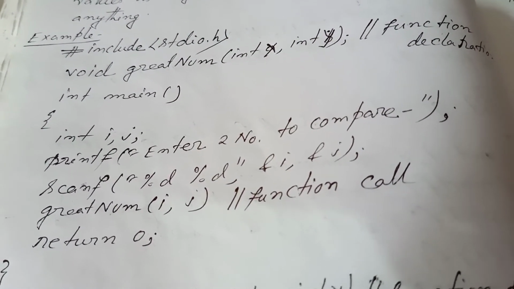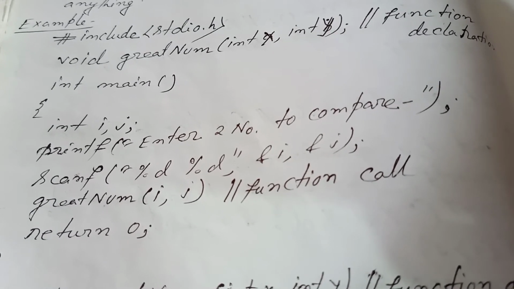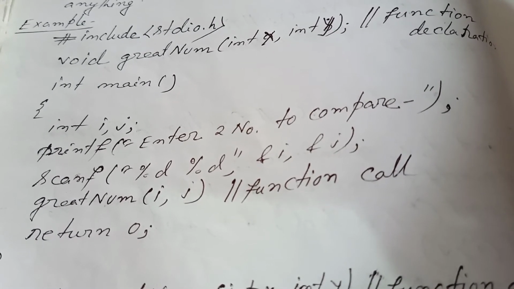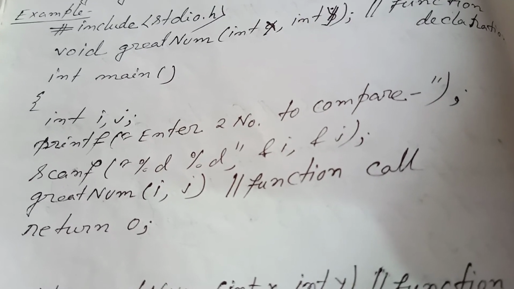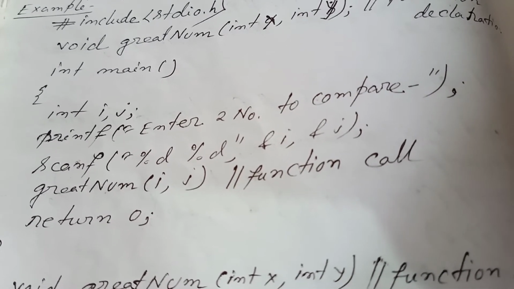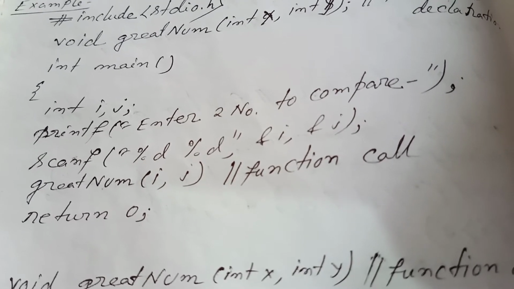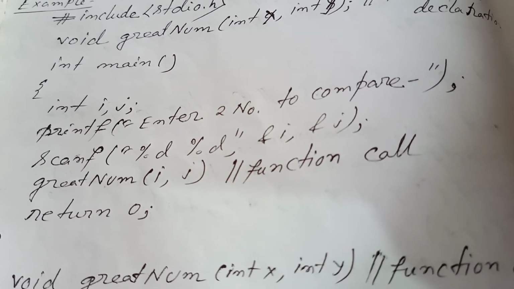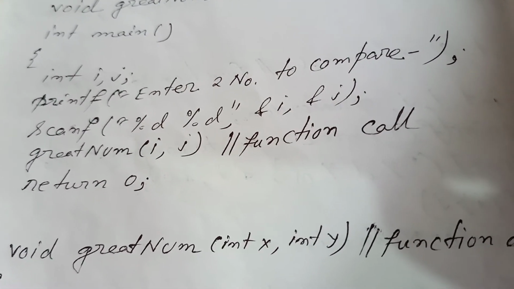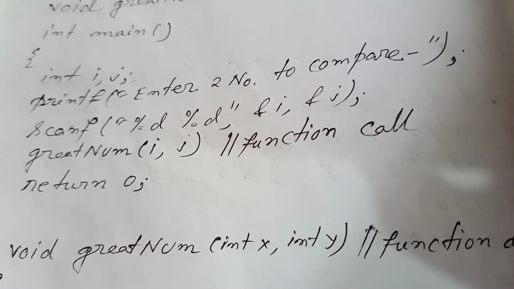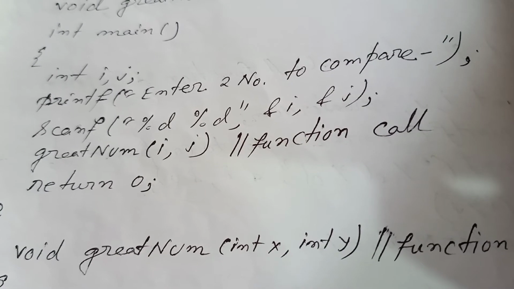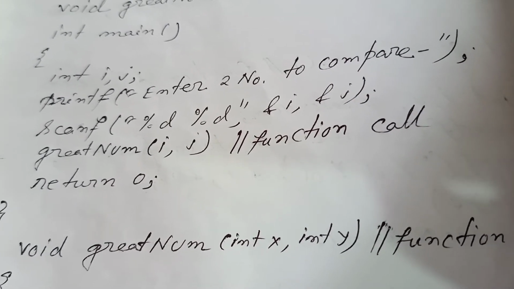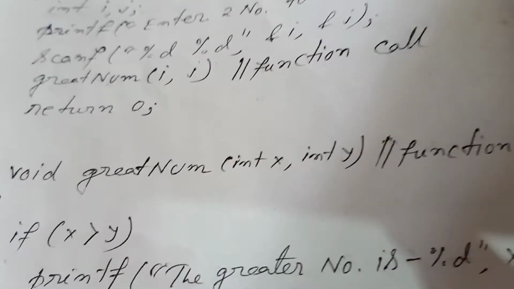Now define the main function. There we declare int i and j. Printf enter two numbers to compare, and by using scanf we are taking two inputs. Then we are calling the user-defined function, and return 0.